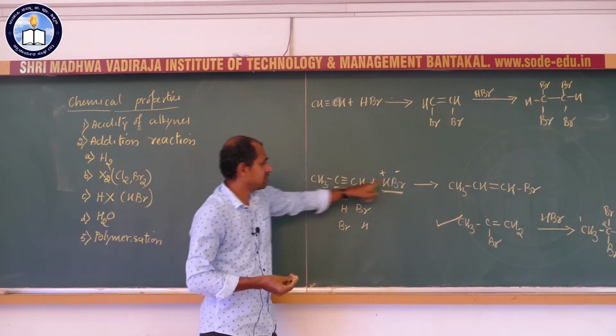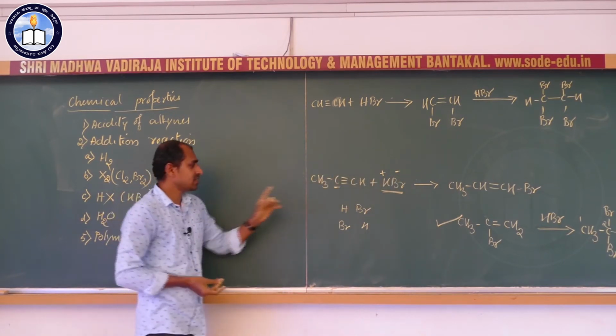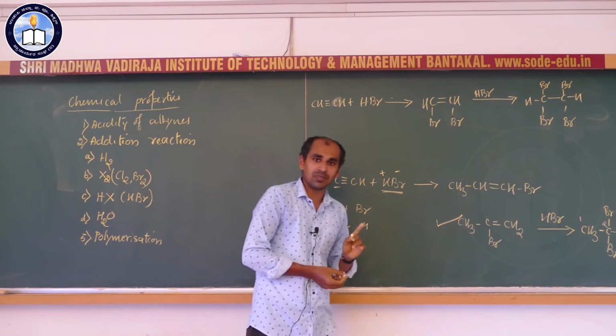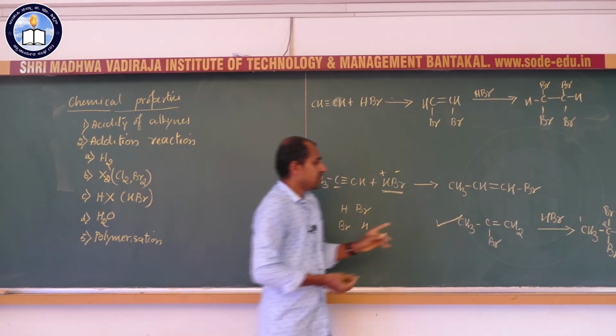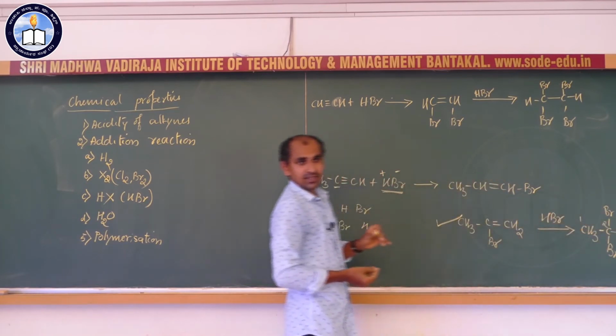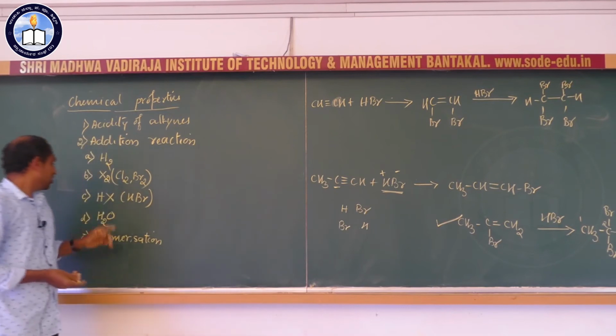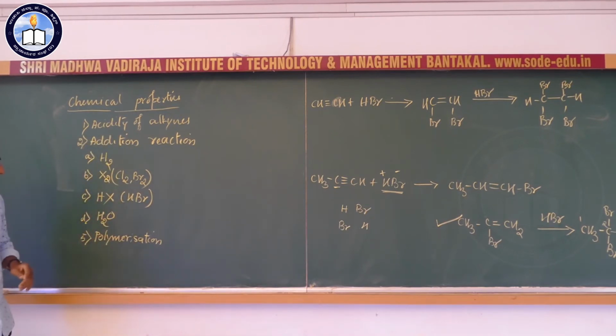In such a case, the negatively charged group will go to the carbon containing the least number of hydrogen according to Markovnikov rule. So we get this alkene and finally we end up with the corresponding dihaloalkane. So this is the addition of hydrogen halide.